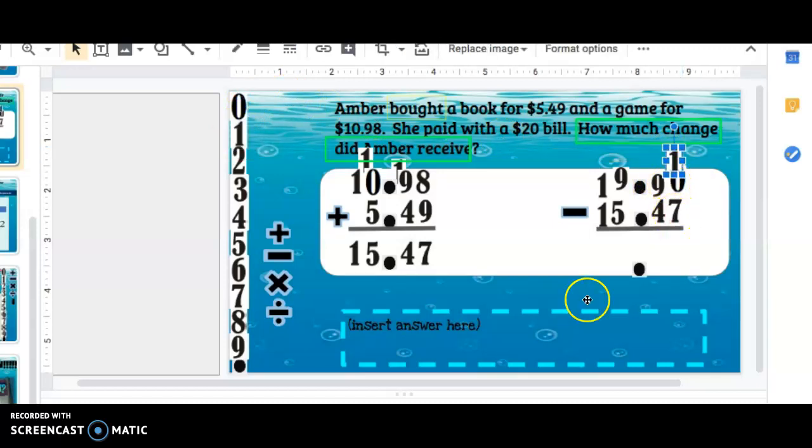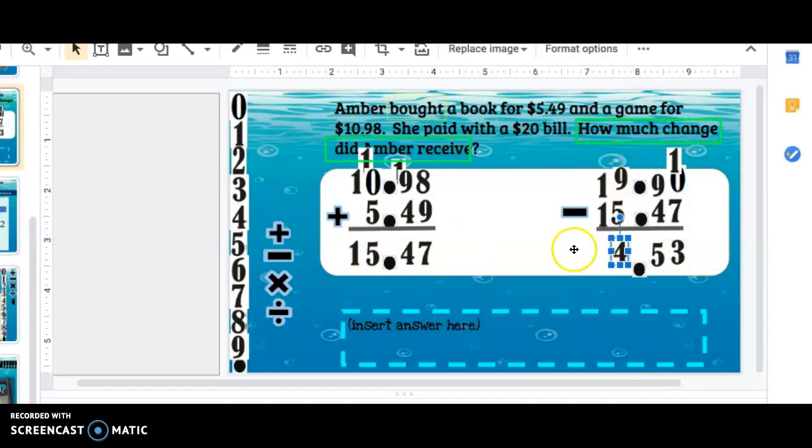So 10 minus 7 is 3. 9 minus 4 is 5. 9 minus 5 is 4. And 1 minus 1 is 0.